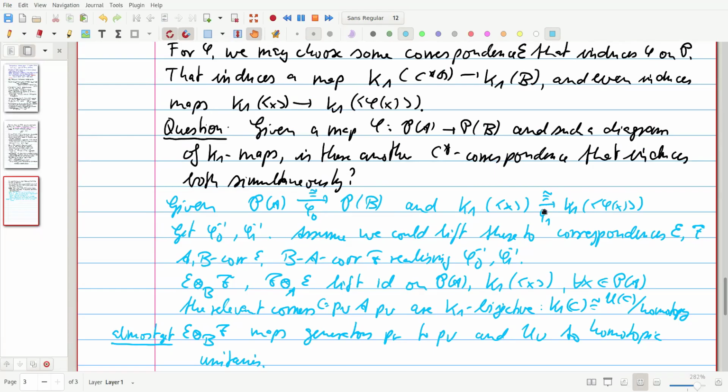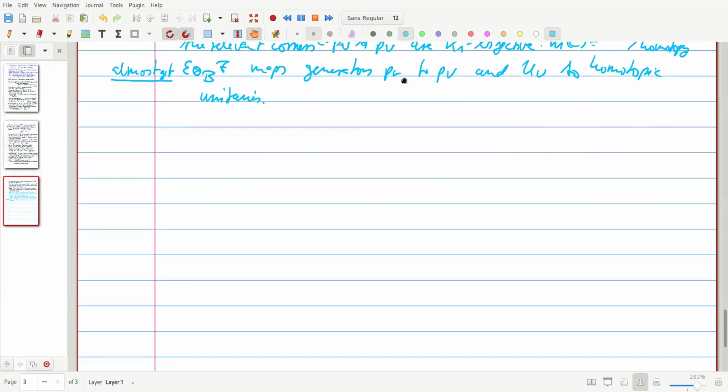But there is an issue, namely, I wanted to say that I can lift both maps simultaneously. I need both maps simultaneously because I want to argue that both the P_vs and the U_vs go to the same thing. And that is more difficult because at the moment I have only said that I can realize this map phi 0, but then I get some map phi 1, it might be a different map from what I actually wanted to get. And this is now where the invariant has to be enriched. So we need a different invariant to arrange that.